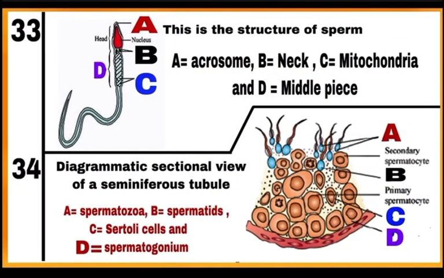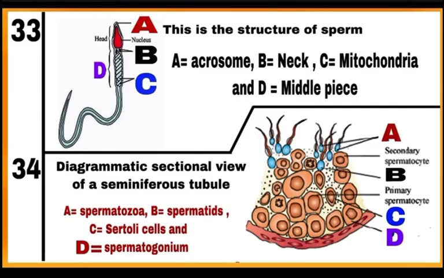33. This is a structure of a sperm, where A is acrosome, a cap-like structure containing enzymes that help in fertilization of ovum. B is the neck region, and C is mitochondria present in middle piece D, which provides energy required for the movement of the sperm. 34.